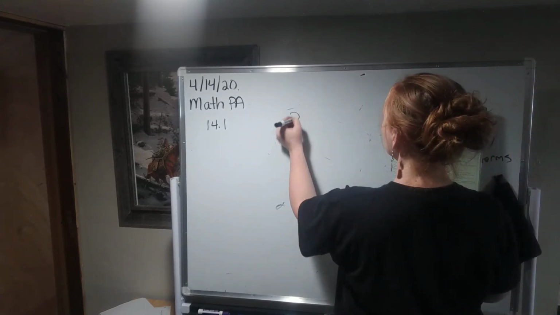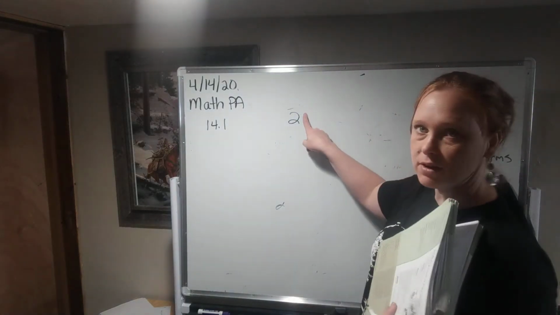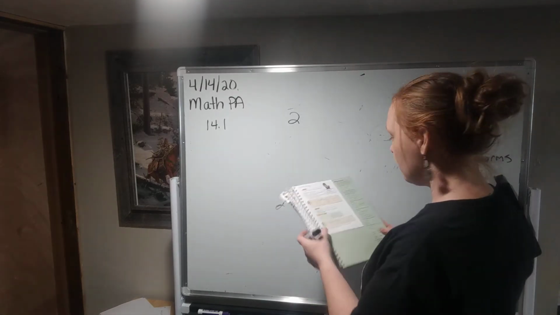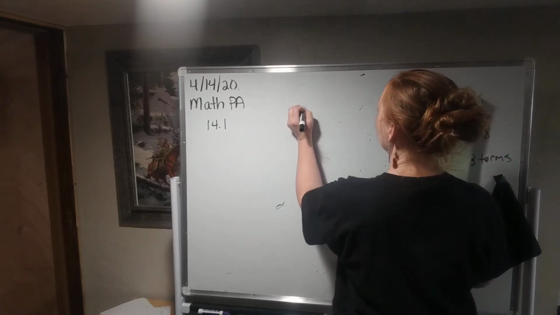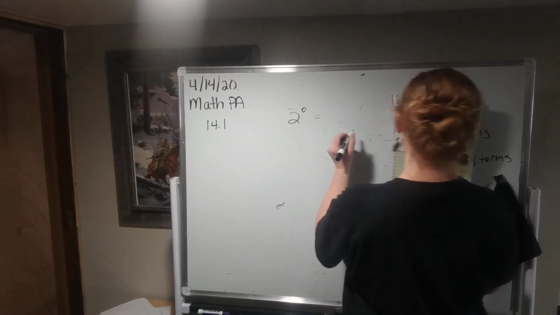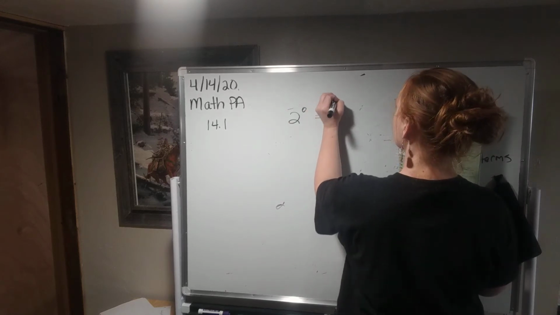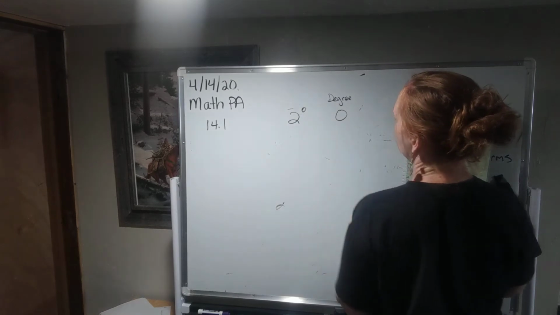When we look at 2, okay, then we look at the exponent. Does it have an exponent? No, and you're going to be tempted to say it has an exponent of 1, but it doesn't. It's a 0 up here, so the degree of the term is 0, okay?